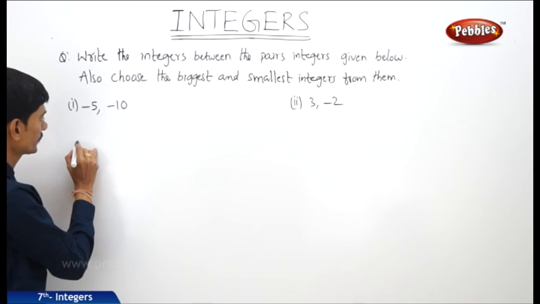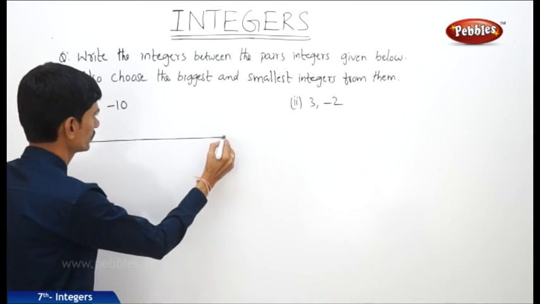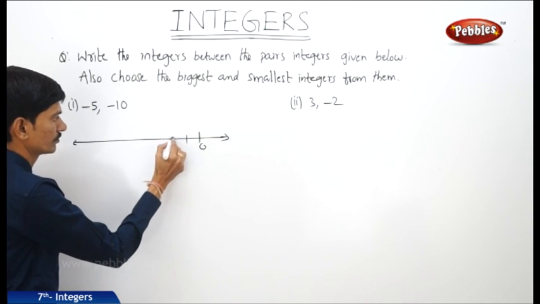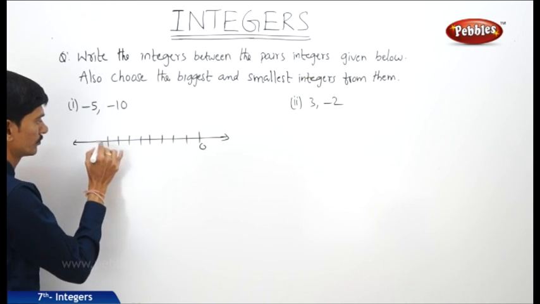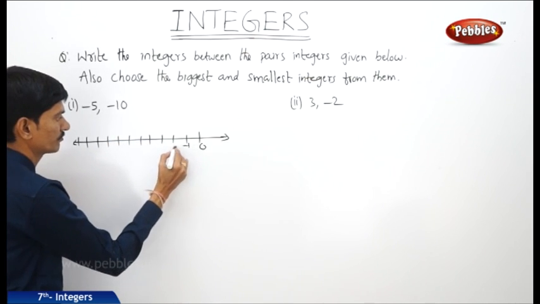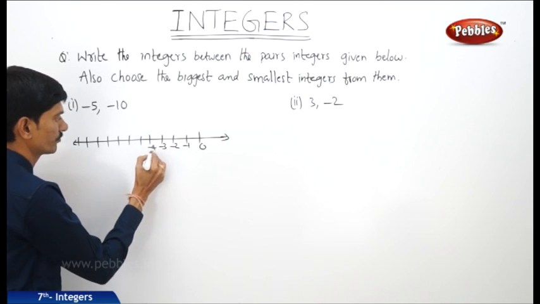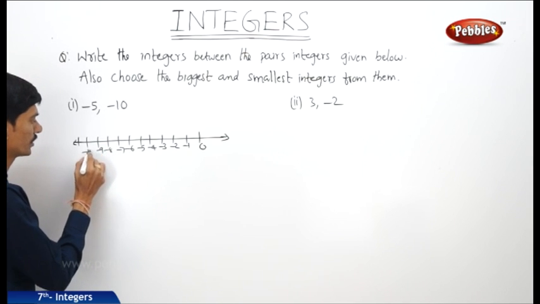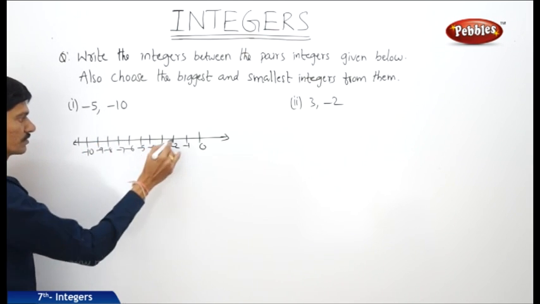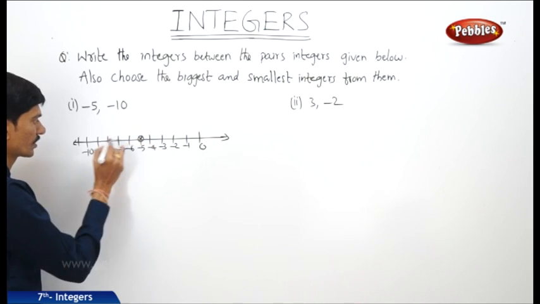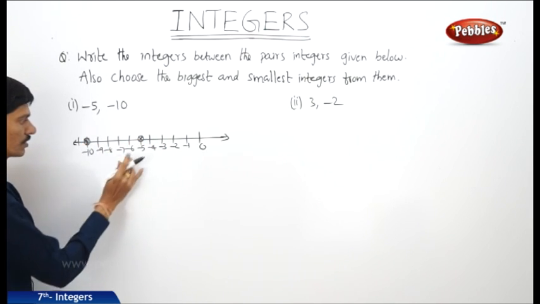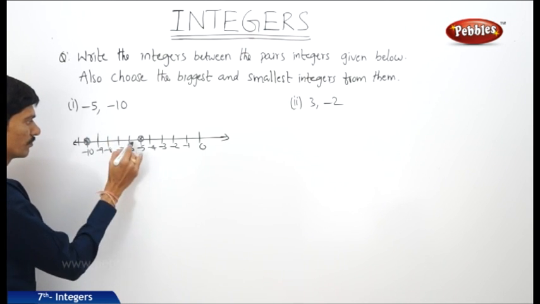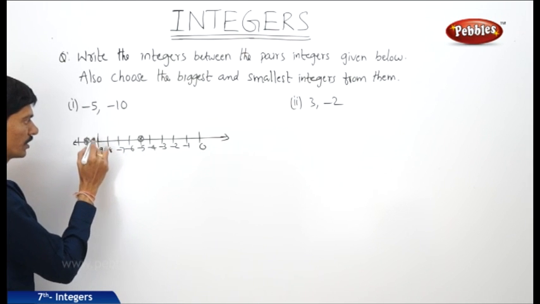So if you represent these two integers on the number line, 0, so here we can write -1, -2, -3, -4, -5, -6, -7, -8, -9, -10. Now between the two integers -5 and -10, what integers are there?